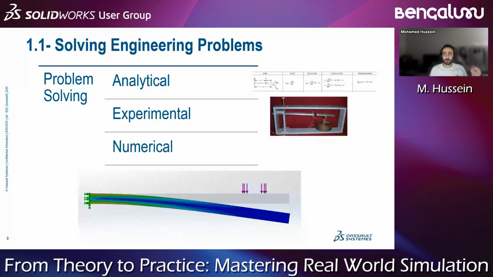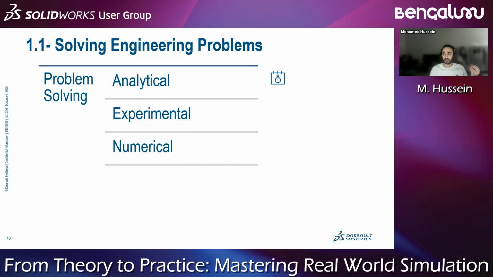What I'm getting out of this basically is that the first, analytical approach is only valid for some basic problems. For the experimental, it will take a lot of time and it will cost you a lot. But for this one, it will take less time for sure, and the cost will be reduced for sure.